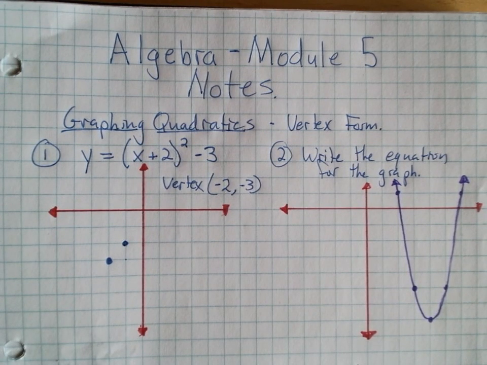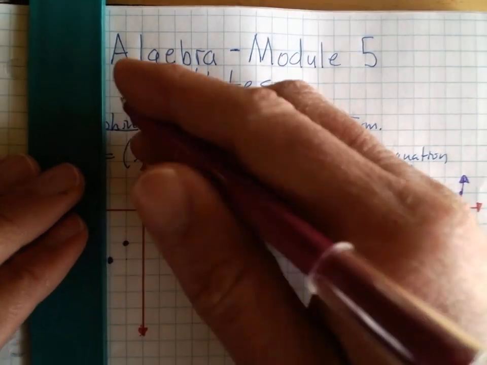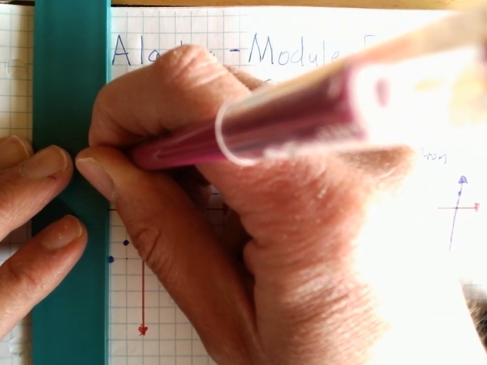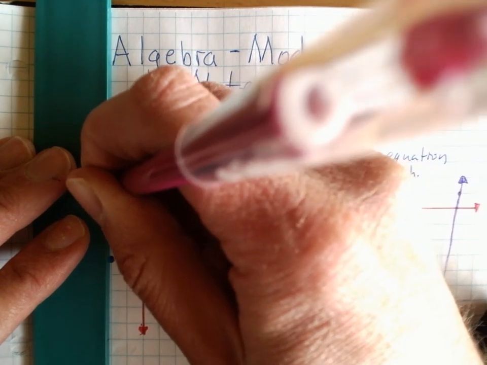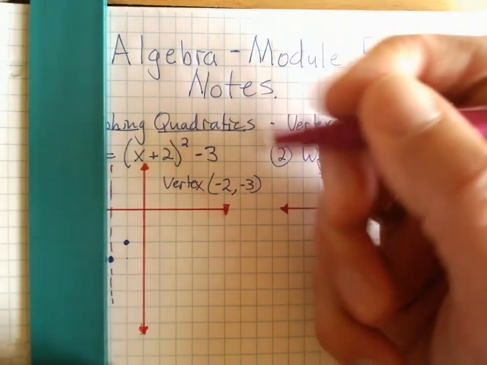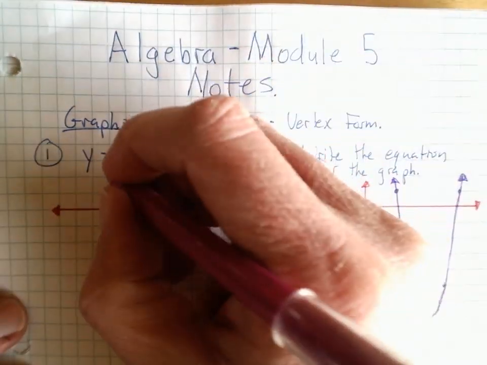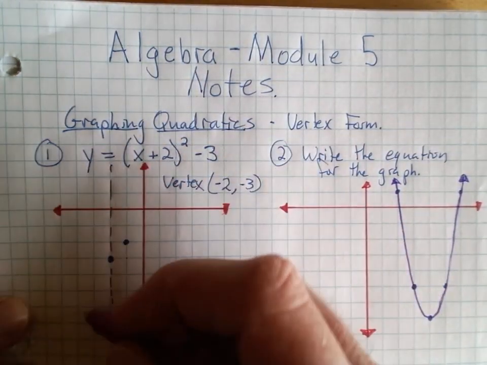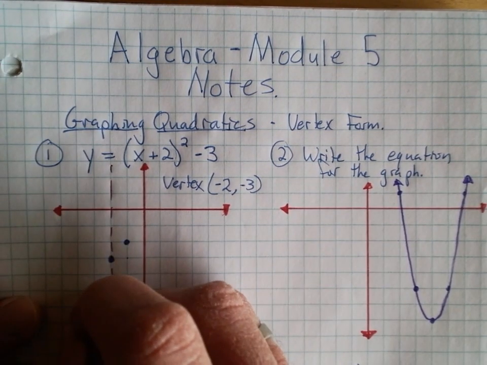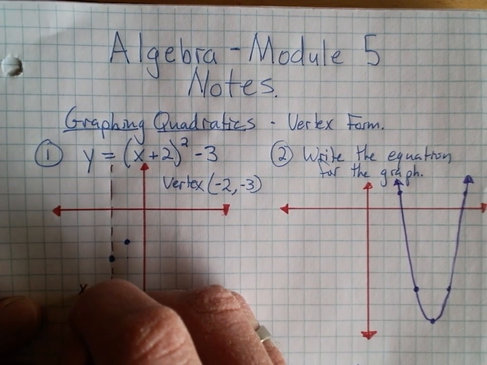Now, because we're graphing a parabola, we are also going to have this thing called a line or an axis of symmetry, which is basically just this dotted line that goes right through the vertex, okay? So your axis of symmetry is always whatever the x value of the vertex is. So your axis of symmetry is going to be x equals -2.